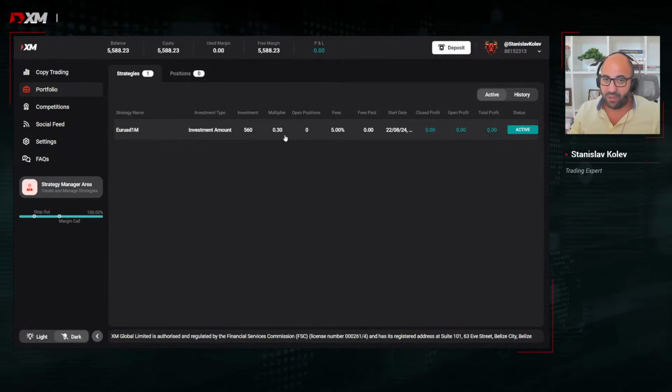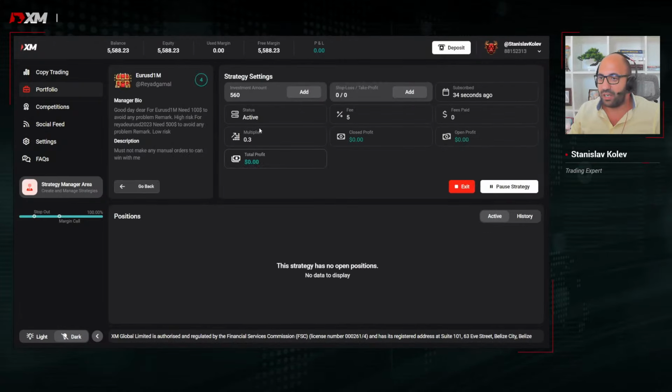Anytime from this point on, you could pause this, you could stop it, you could do whatever. You could pause it if you don't want to do it anymore, or there's an upcoming big market event, or anything that will make you uncomfortable maintaining positions. For example, you're going on vacation. So you click on pause, you go on your vacation, and as soon as you get back, you resume.